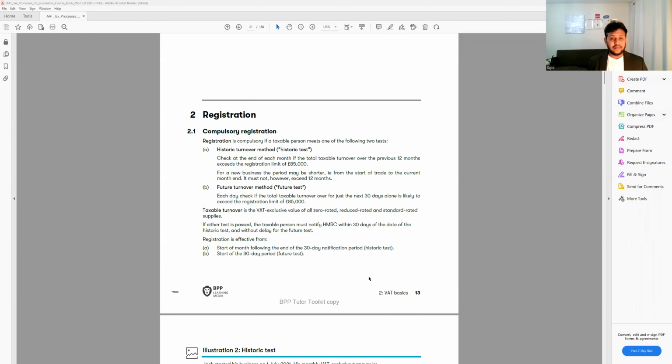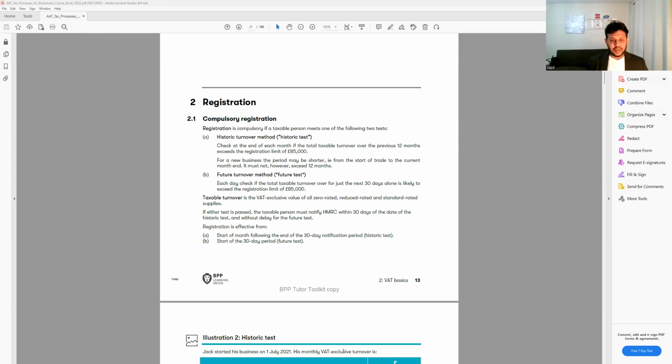Okay, this one we have discussed earlier, the compulsory registration and the voluntary registration. So you can see here we have a historic test, that is the last 12 months, the previous 12 months. If the previous 12 months exceed the registration limit of 85,000, registration will be required.